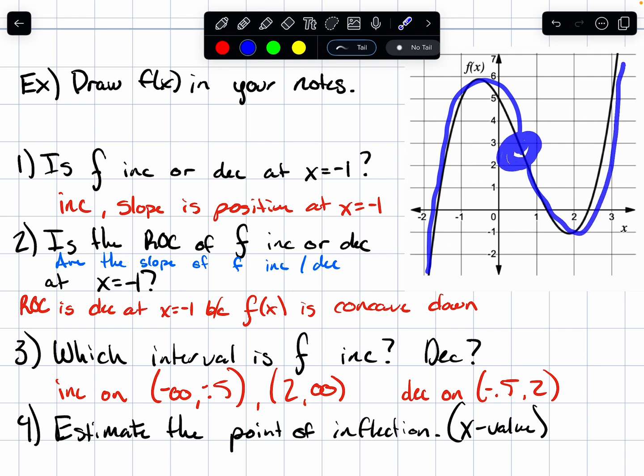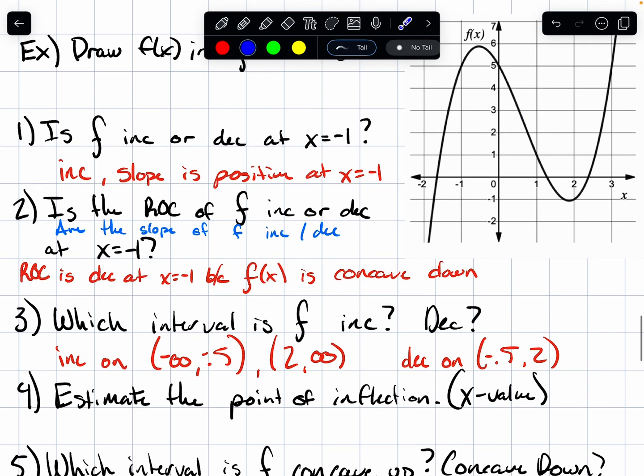So right about here is going to be where concavity changes. We can see how we go from down to up. Now this point also we could see has a really steep slope compared to the ones around it. You see it's not very steep, not very steep, and then it gets really steep here, and then it starts to kind of flatten out again. So somewhere around here, we could just call it 0.5 would be my point of inflection.